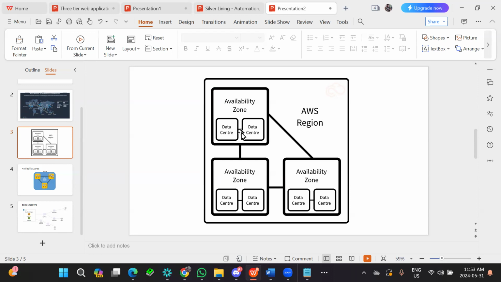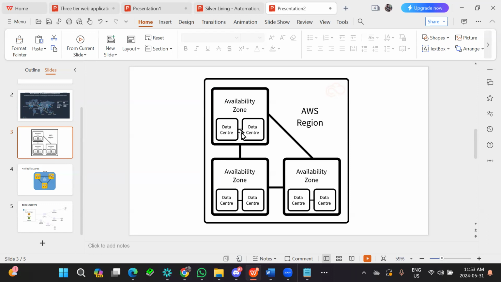Another important reason is performance and low latency. Because we have AWS regions spread worldwide, customers can deploy applications closer to the end users. It helps in reducing latency, providing fast response time, and a better user experience.